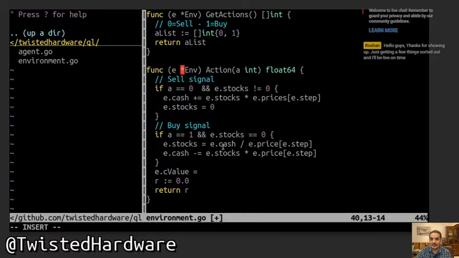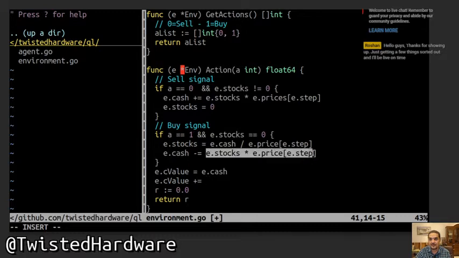It's how much we have in cash, of course. Then we'll add to that, e.C value plus equals, how much we have in stocks in today's price.